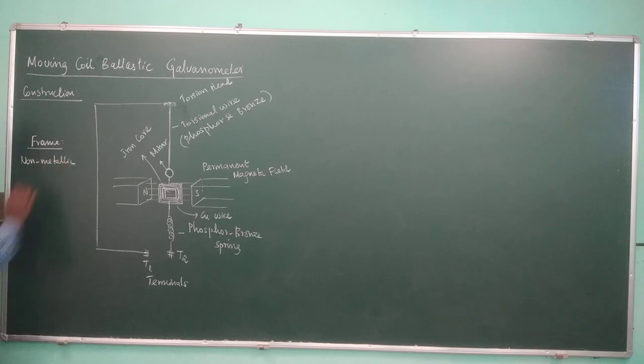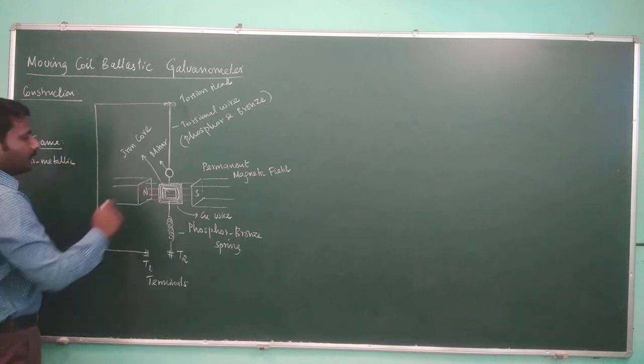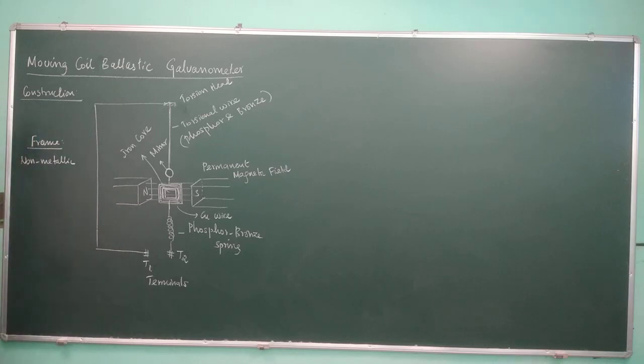When you look back to the previous video, for the moving coil galvanometer, we used a frame made up of aluminum, that is, a conducting frame. Now the non-metallic, non-conducting frame is made up of ivory. This is one important characteristic difference.